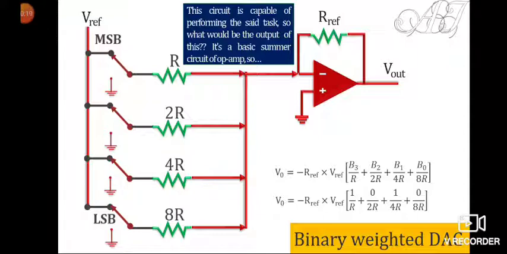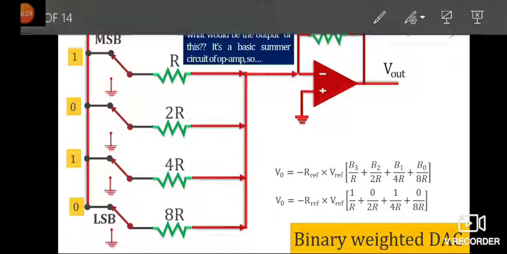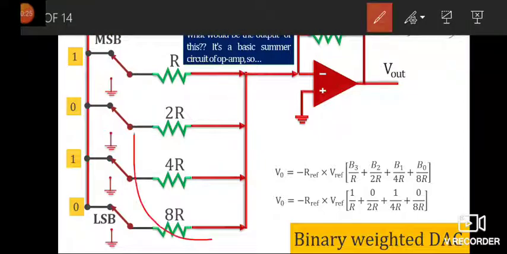So here I have used these resistors, and these are arranged in the form of binary weights. See, what is the weight of this? It has R only, meaning you can say it is 2 raised to the power 0, 2 raised to the power 1, 2 raised to the power 2, and 2 raised to the power 3.